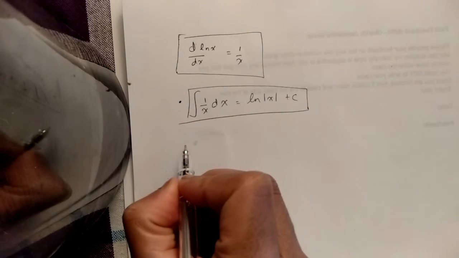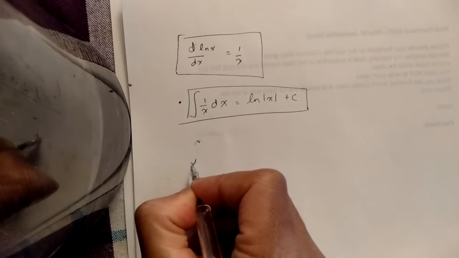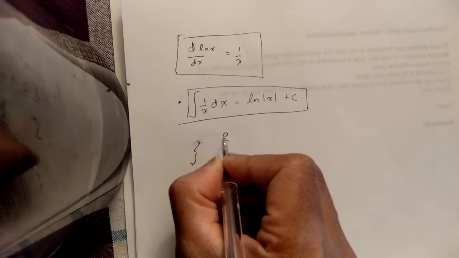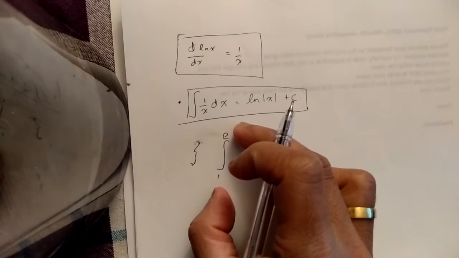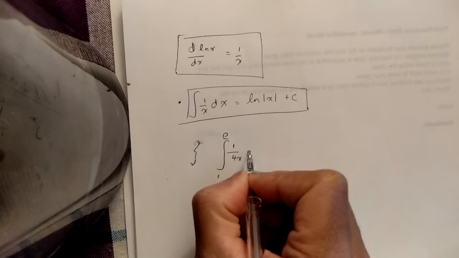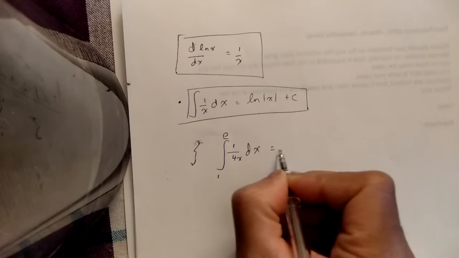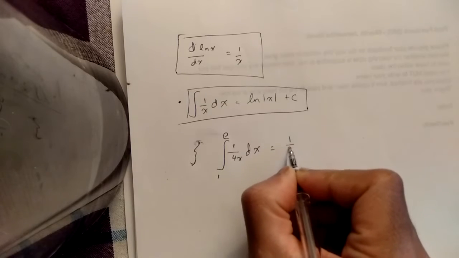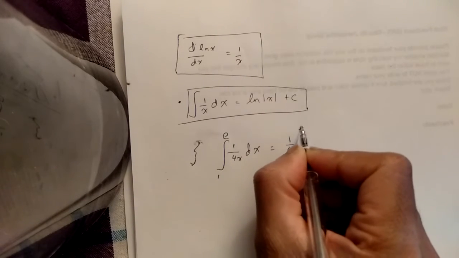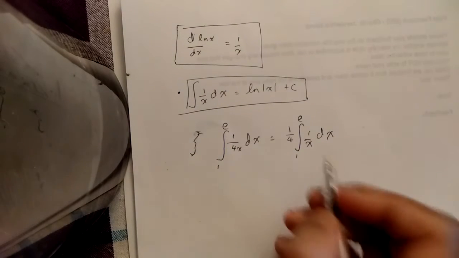Now say we are to compute this definite integral, when you have two limits, two endpoints. When they have mentioned two endpoints, we call it a definite integral, right? And if we are to compute this one, what we can do is we can first take the constant out from the integral sign, and then you will have this as the integral term.